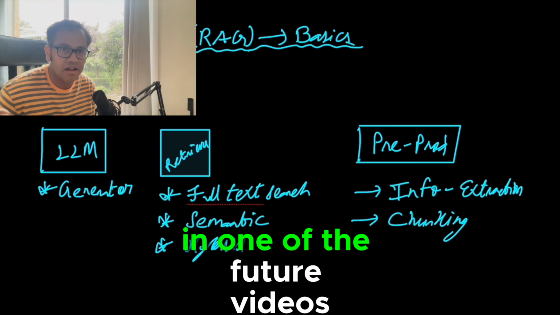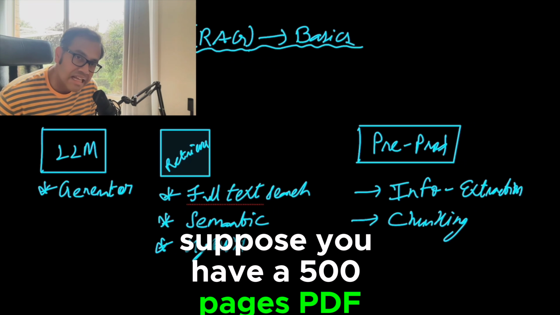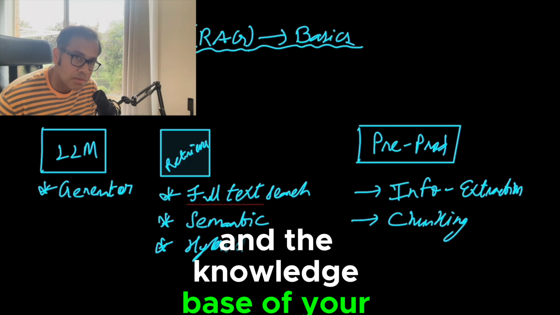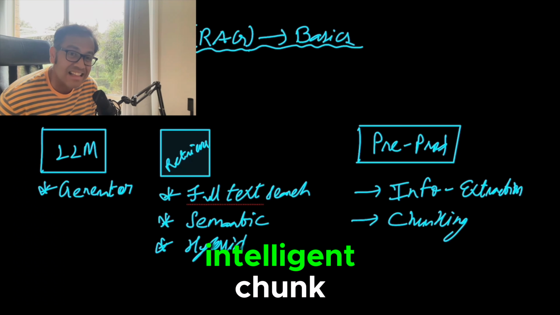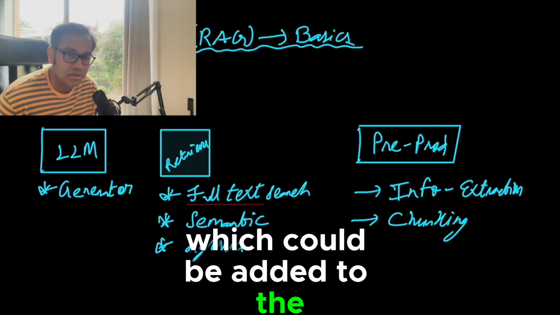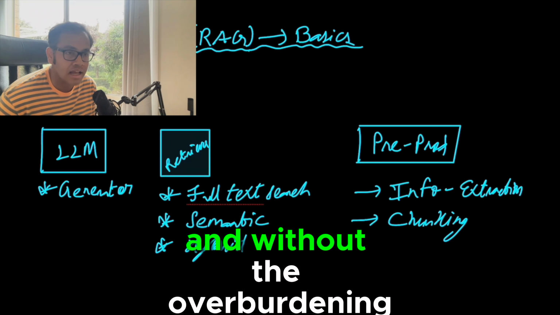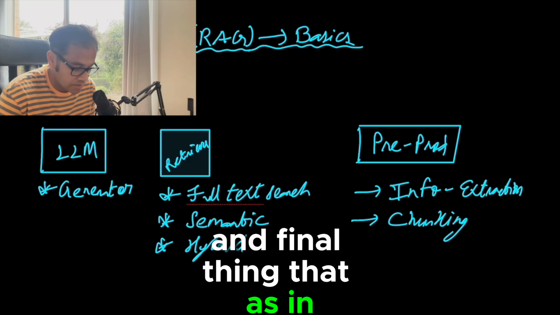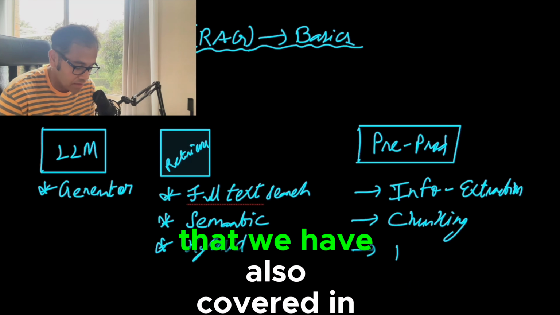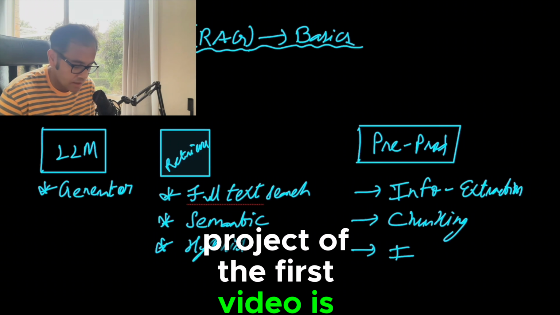We'll discuss it in one of the future videos, but chunking essentially means, suppose you have a 500-page PDF, which is your whole information or the knowledge base of your organization. How do you split it into good, intelligent chunks, which could be added to the context of a large language model without overwhelming the context and without overburdening the cost, essentially per-token cost? And the final thing that's probably extremely important, that we have also covered in our project in the first video, is indexing.